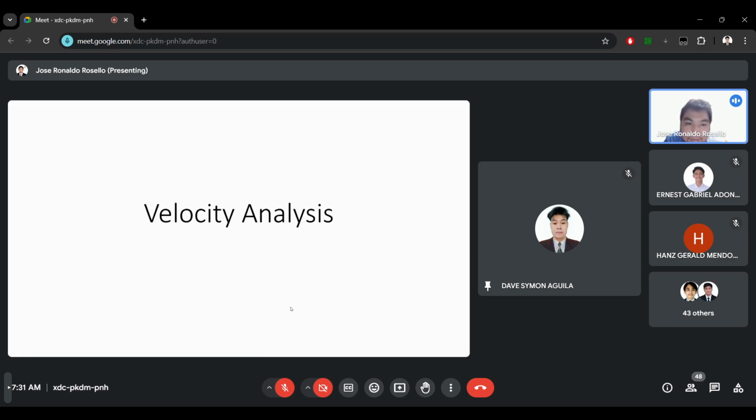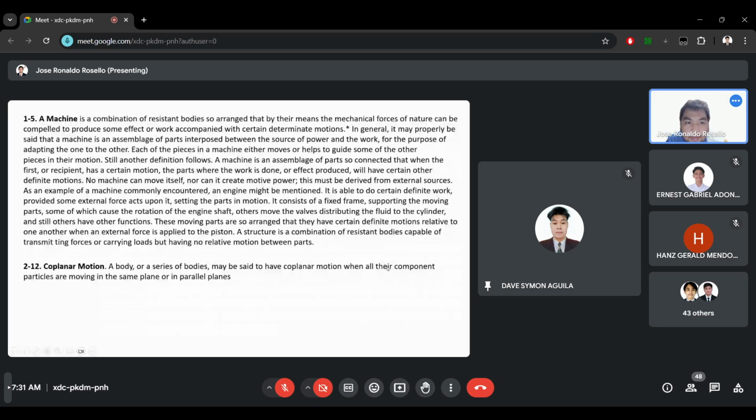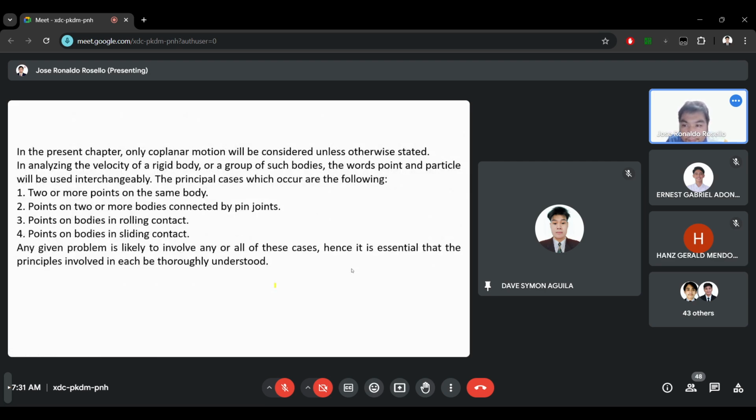For the introduction to velocity analysis, we have to identify which parts of the mechanism we analyze for velocity. We have two or more points on the same body. We have points on two or more bodies connected by pin joints, points on bodies in rolling contact, and points on bodies in sliding contact. So these are the points that we can do velocity analysis on.